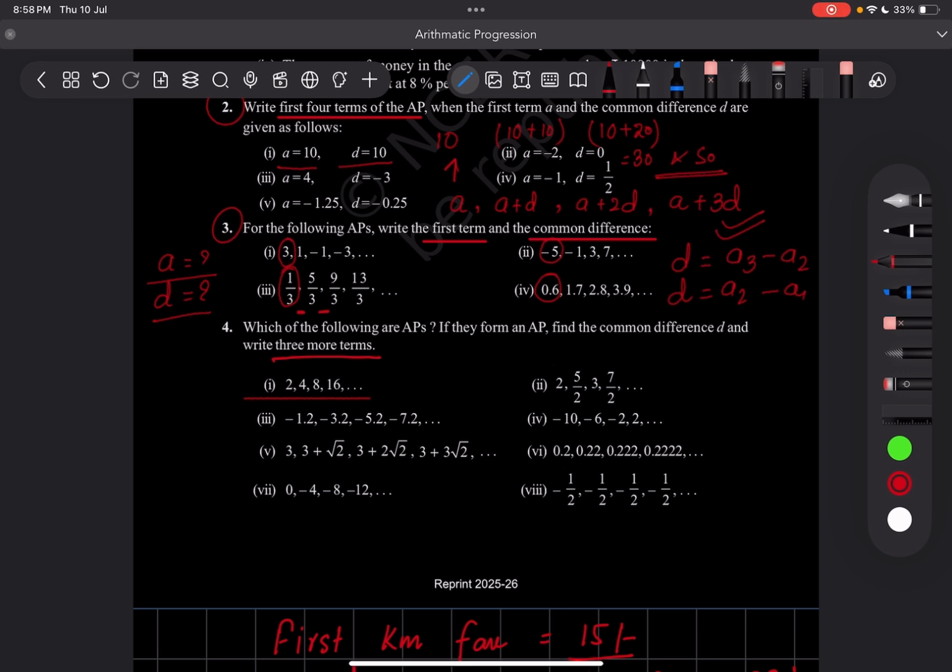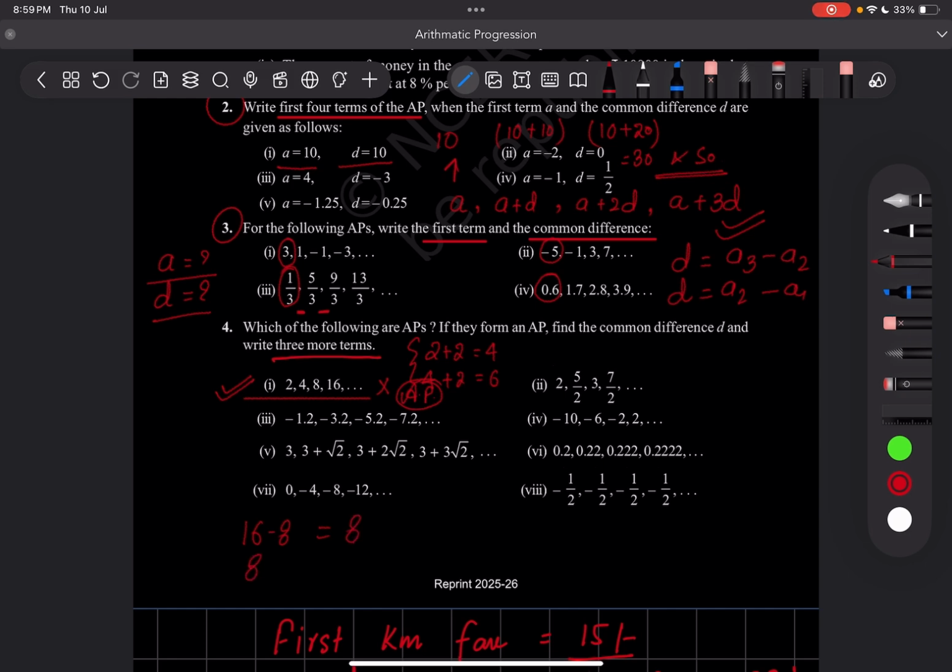So you can see that 2 plus 2 is equal to 4. But 4 plus 2 is equal to 6. So the statement that we have to check for an AP in this question is not an AP. Why is it not an AP? Because the common difference is not common here. Suppose you are subtracting 8 from 16. You will get the value 8.